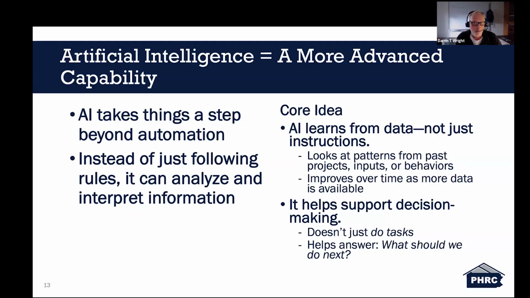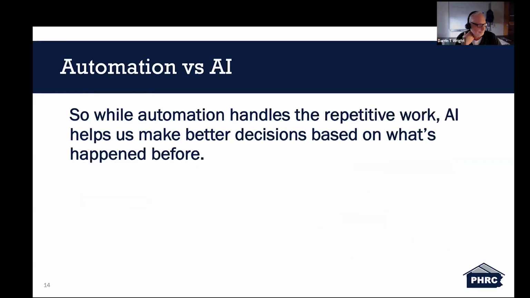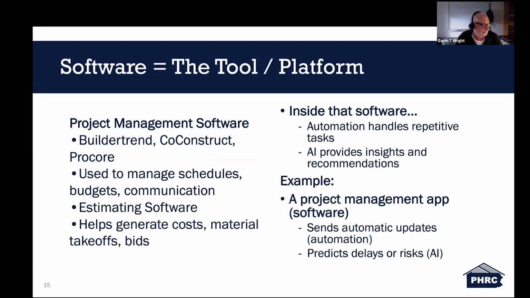I understand now that it's not a replacement for what we do, but just an enhancement. And how does automation compare to AI? Automation handles repetitive tasks while AI helps interpret information and guide decisions. Both are valuable tools, but they serve different purposes. Together, they improve efficiency and insight, but they still rely on human judgment and guidance.